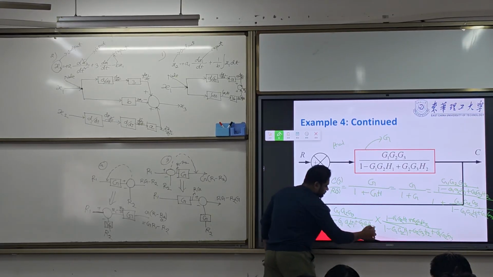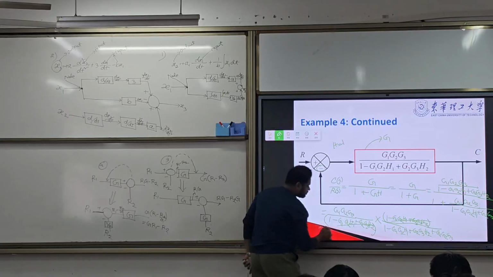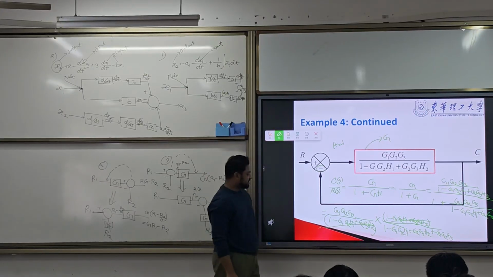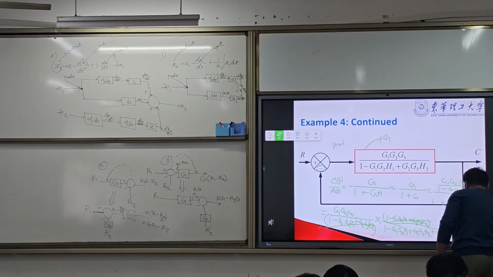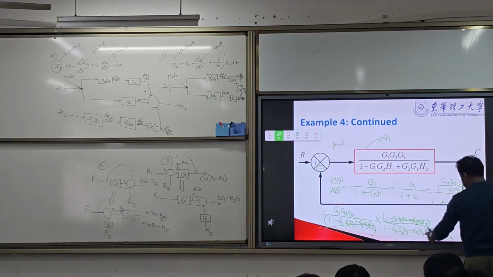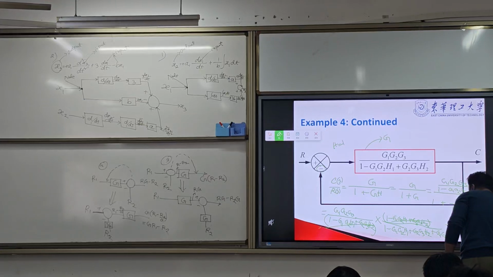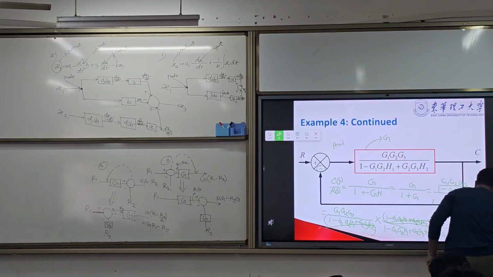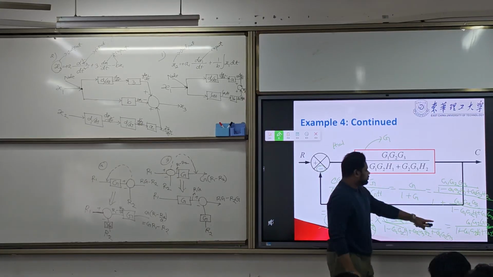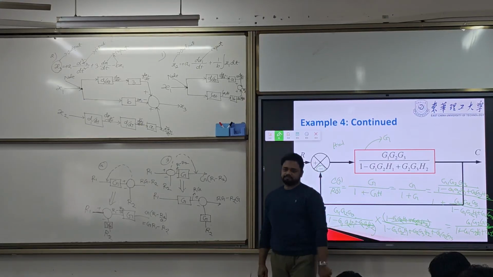So this value and this value will be gone. So the final answer will be this, G1 G2 G3, and this 1 plus G1 G2 H1 plus G2 G3 H2 plus G1 G2 G3. So this is your final answer.